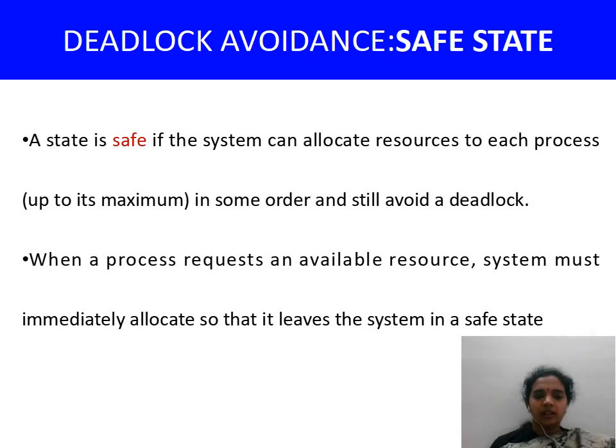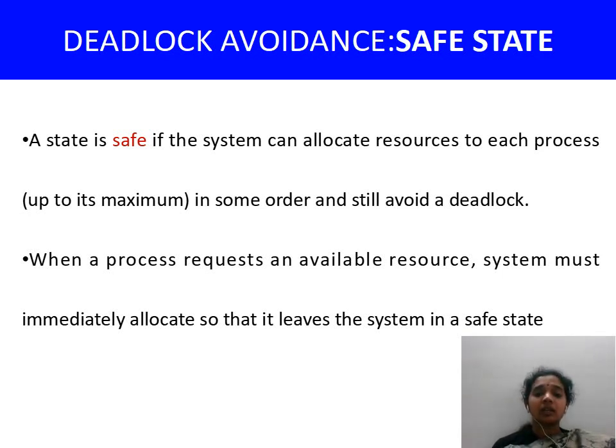Safe state in deadlock avoidance. When a process requests an available resource, the system must decide if immediate allocation leaves the system in a safe state. The system is in a safe state if there exists a sequence of processes P1, P2, up to Pn, such that for each process Pi, the resources that Pi can still request can be satisfied by the currently available resources.